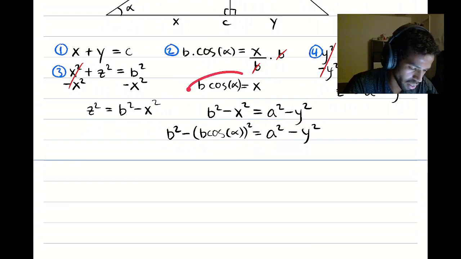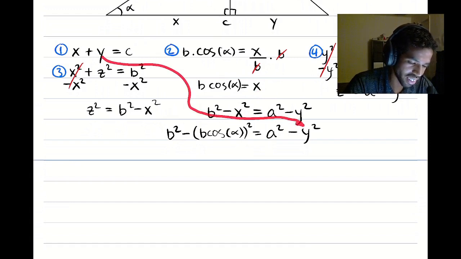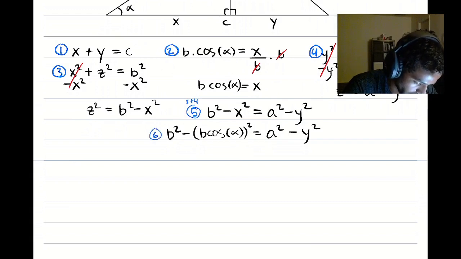But I'm also going to substitute equation 2 into equation 1, which I'm then going to substitute into equation, let's call this equation over here 5, because this is a mix of equation 3 plus 4, and then let's call this equation 6, which is a mix of equation 3 plus 2 plus 1, 2, 3, and 4.